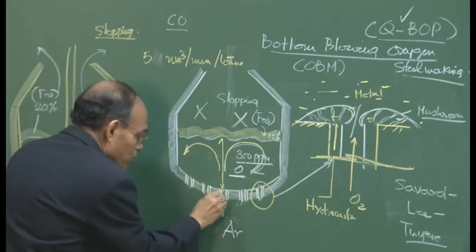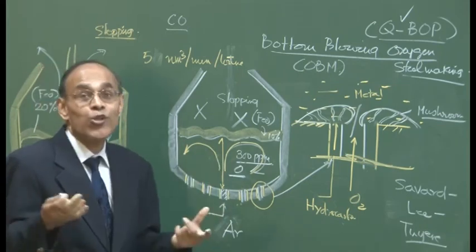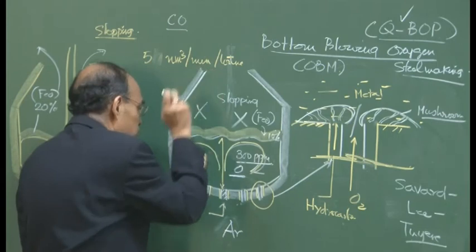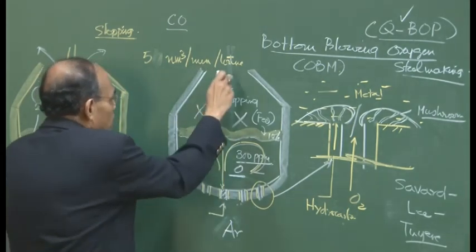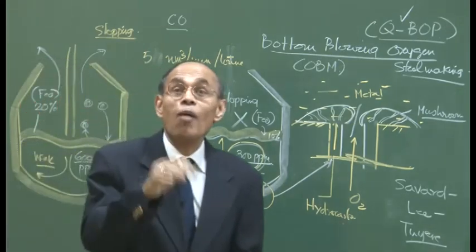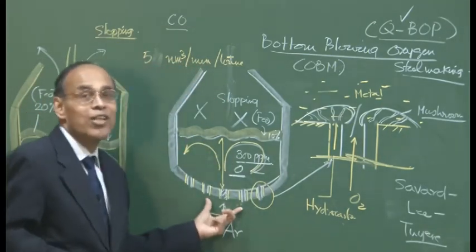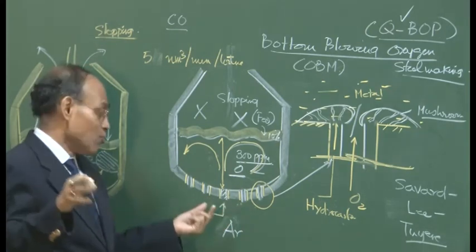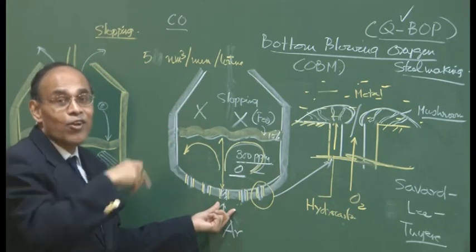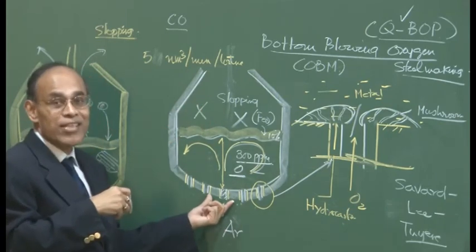So argon can be injected from the bottom and oxygen from the top, and that is the configuration of the bath agitation process. And if you use oxygen from the top and oxygen from the bottom, that becomes a combined top and bottom blowing oxygen steel making process. But the moment you start injecting oxygen from the bottom, you have to go for coaxial tuyeres, and as a result, higher hydrogen content of steel as well as more frequent maintenance of the bottom.